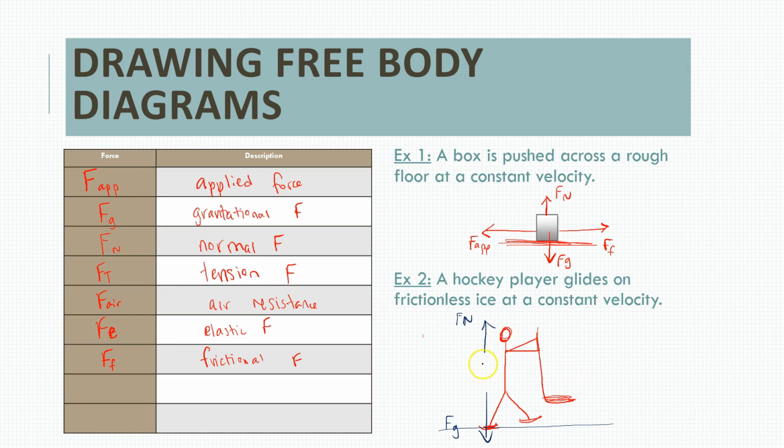Now, what it doesn't account for is, like, there could be air resistance if you've ever gone at a pretty fast clip, that you can have wind against you. So pretty much the only thing steering this is going to be whatever push got them going in the first place. Their initial pushing off of the ground with their foot would have propelled them forwards, and then they'll just have to keep moving. There's not going to be friction going this way. However, there might be a little bit of air resistance heading against them.